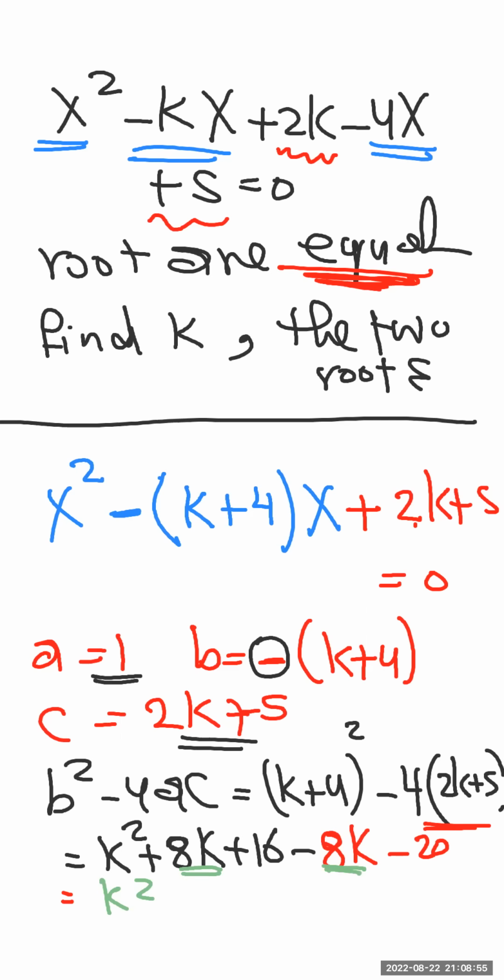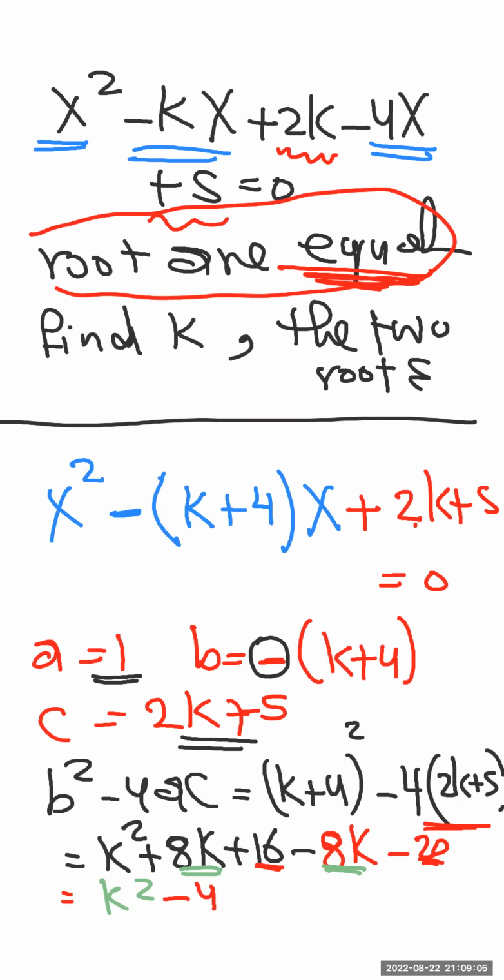So the remaining two terms, 16 and negative 20. So k squared minus 4 only. And because the two roots are equal, the discriminant equals 0. So k squared equals 4. So this means k equals positive or negative 2.